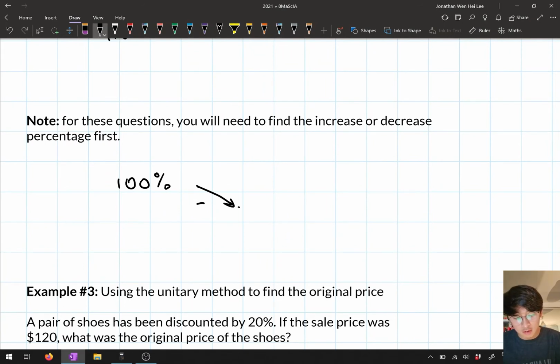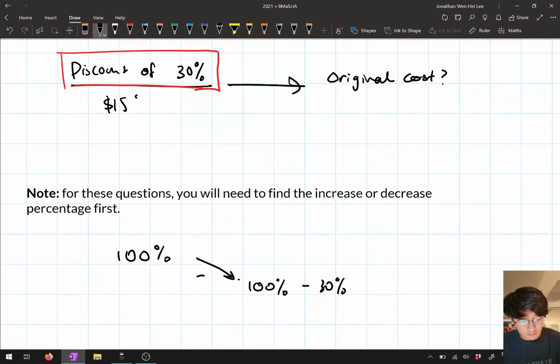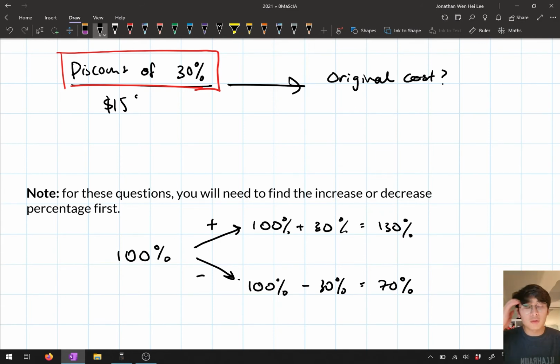So here, I would go 100% minus 30%, and so for our percentage, it's going to be 70%. If they do a percentage increase, for example, a markup, we want to add our percentage. So if they gave you a markup of 30%, we'll add that 30%. So what we want to do first is find this increase or decrease percentage based on what the question is telling me, and then I can use my new unitary method.